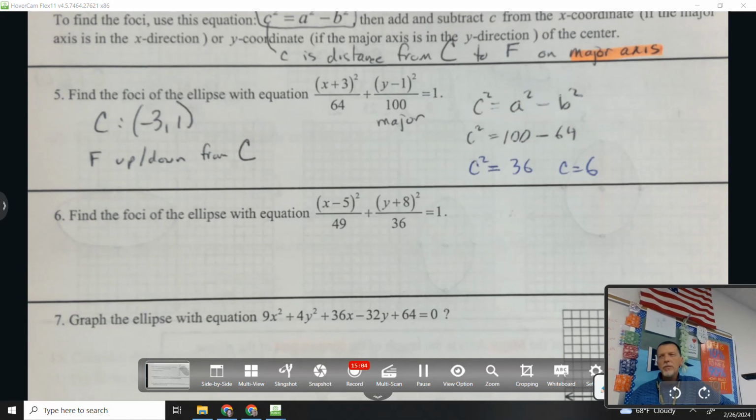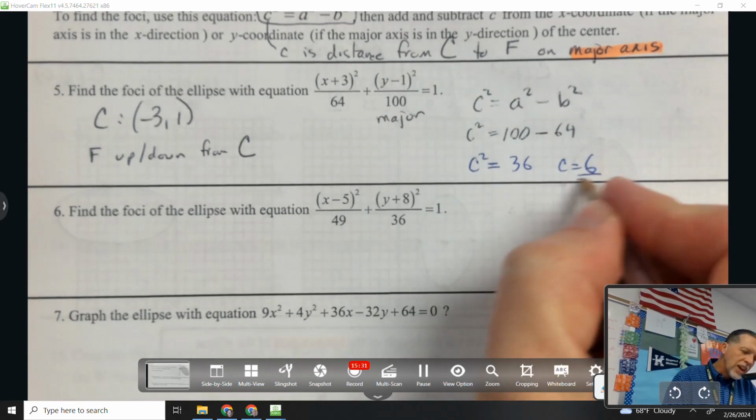What would have happened if you'd got A and B backwards? You'd have c squared equals negative 36, and hopefully you'd think, wait a minute, that doesn't work. And it doesn't work because A has to be the bigger one. So there's lots of built-in checks as you do conics and ellipses in particular, that if you get something backwards, if you're really paying attention, you'll realize that something doesn't work and then go fix your mistake.